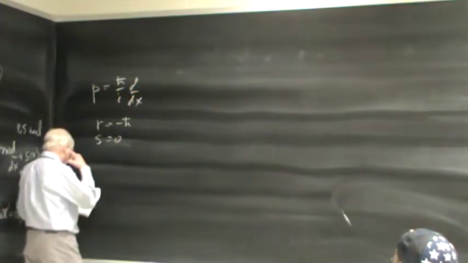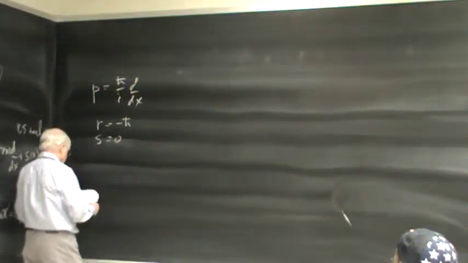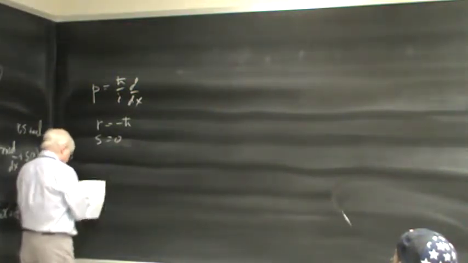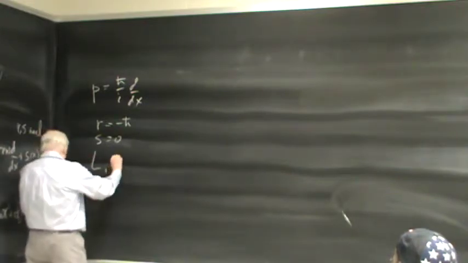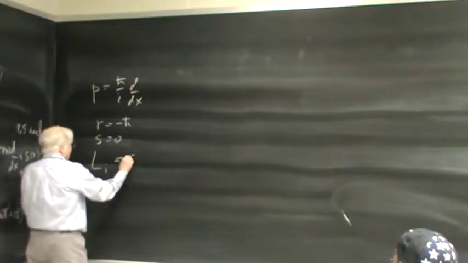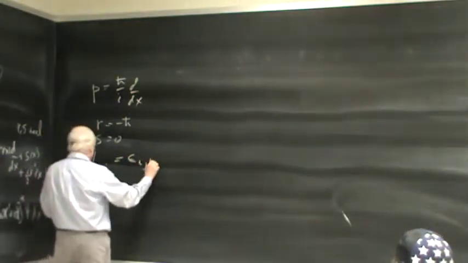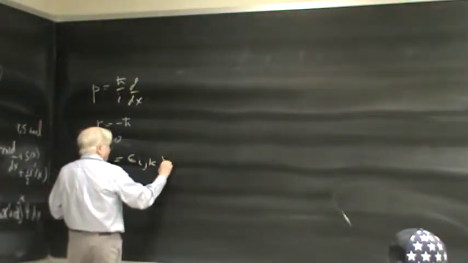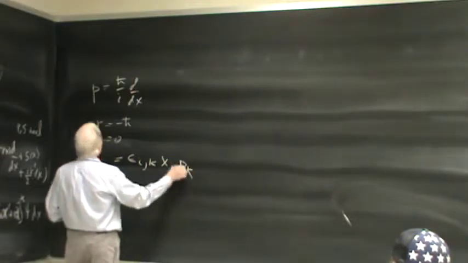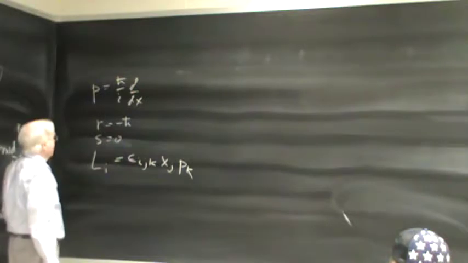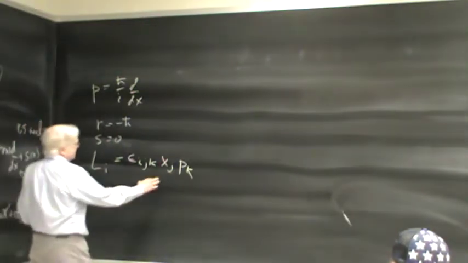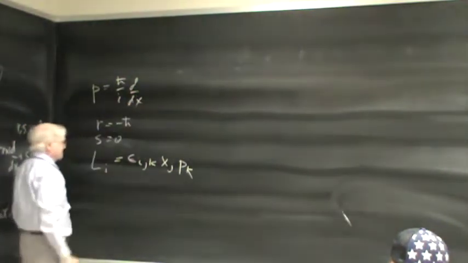Another example of this is angular momentum. I thought it was on the same page. Its L_i is epsilon ijk x_j p_k. In general, p_k is just a derivative with respect to x_k.